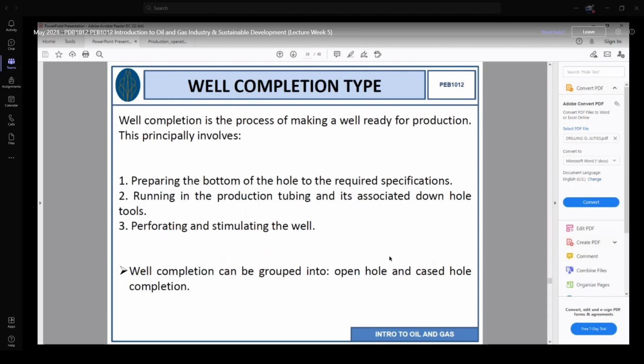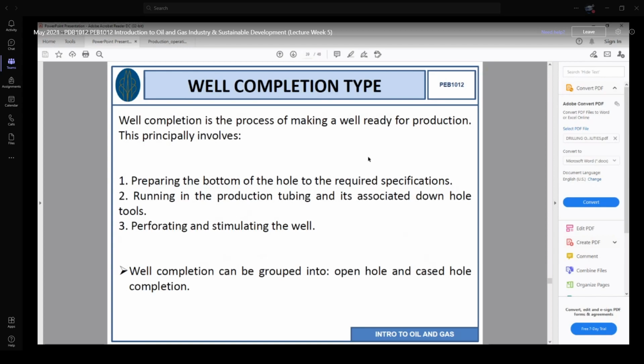Okay, after cementing, everything is done and we have hit the reservoir. Right now we know the hydrocarbon is there, and now we want to produce the hydrocarbon from there. So without running a completion into the wellbore, we are not able to produce hydrocarbon. What is completion? Well completion is actually the process of making the wellbore ready for production, right?